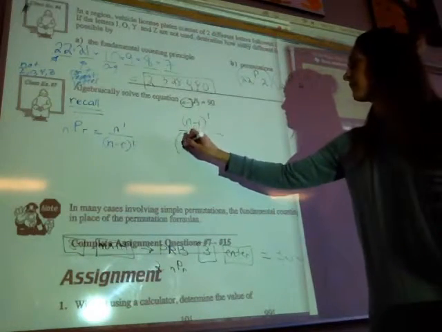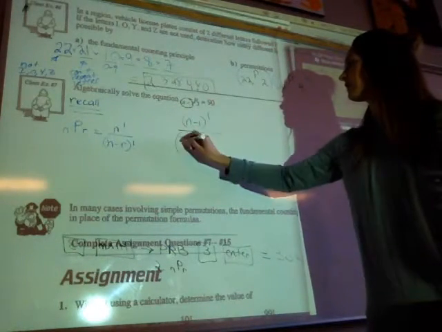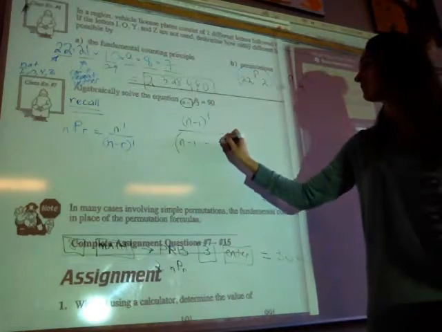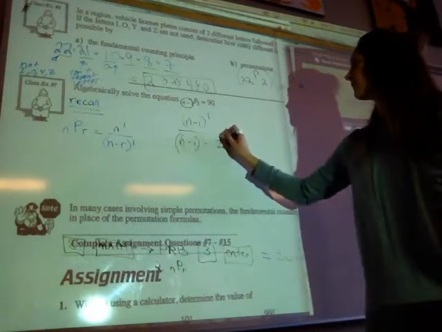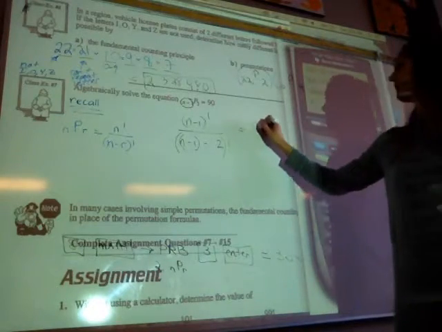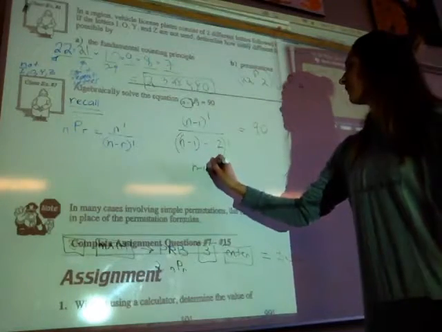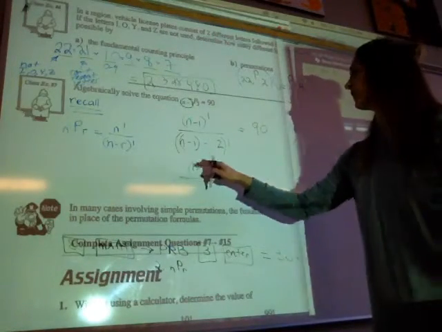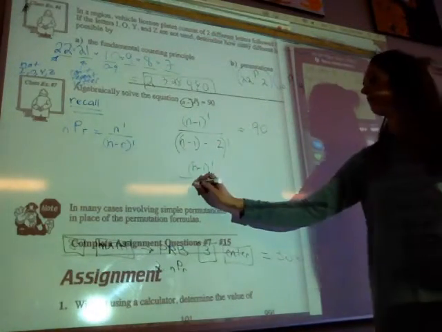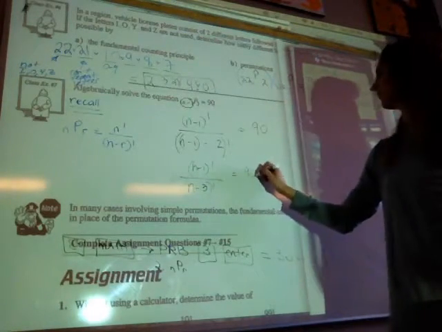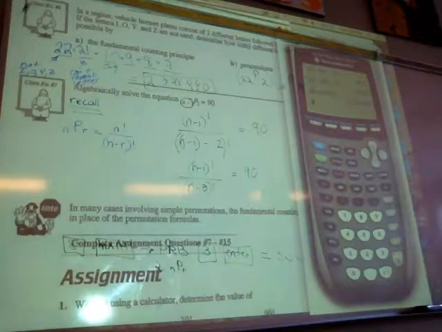Well, our n is n minus 1, and our r is 2. And all of that will equal 90. So we have n minus 1 factorial over n minus 1 minus 2 is n minus 3 factorial. How can I simplify that?